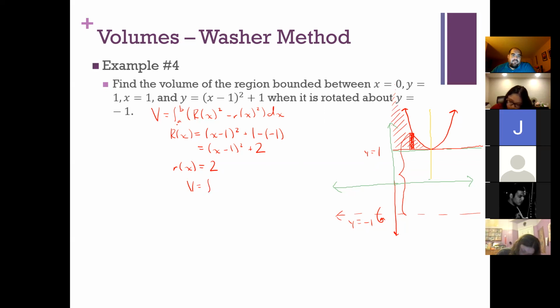What are my limits going to be? Zero and 1. Yep, 0 to 1.